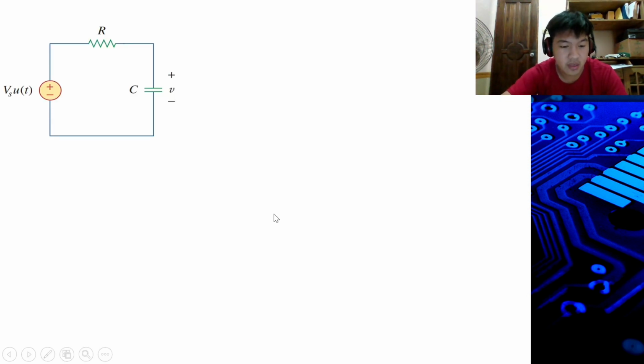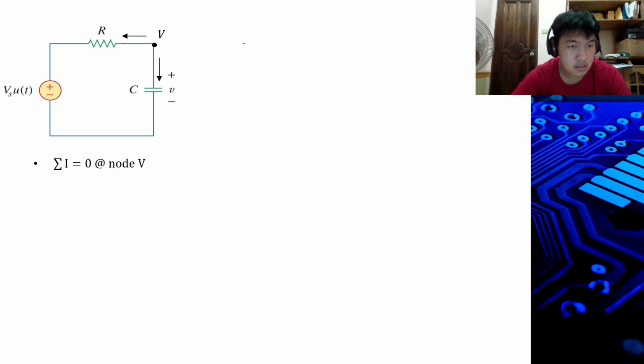Let's make an equation based on this circuit. Let's use nodal analysis at node V. The current in the resistor and the capacitor are both leaving, and the summation of currents at node V is equal to 0.